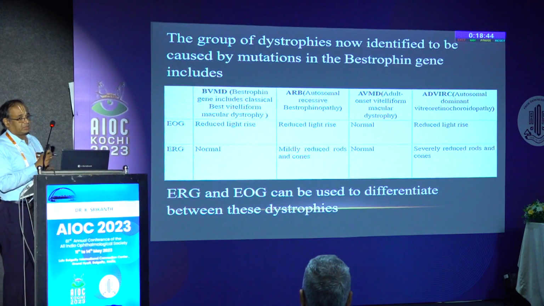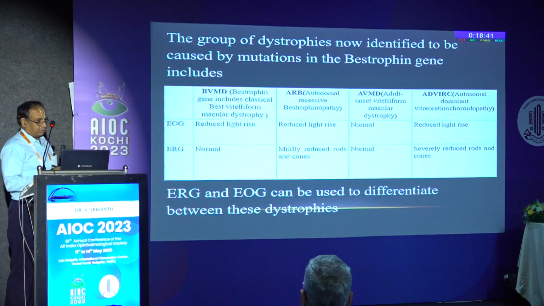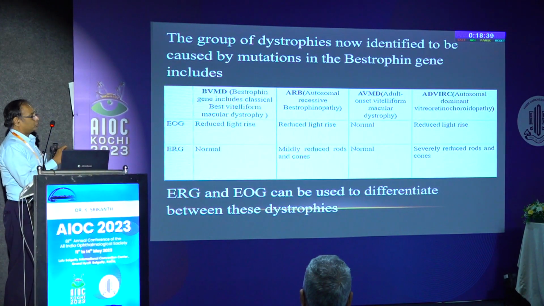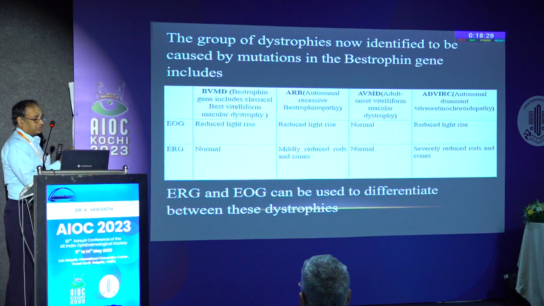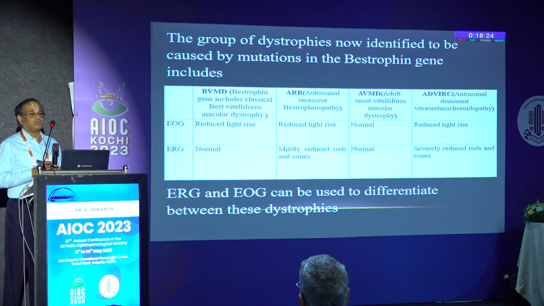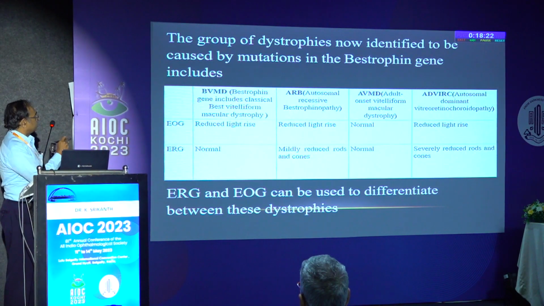Even before the classical picture is seen, you can pick it up by this. Usually these tests are done when you don't find anything really grossly abnormal, but the vision doesn't improve. So these are not routine tests. When we have difficulty in diagnosis, then these things are used.